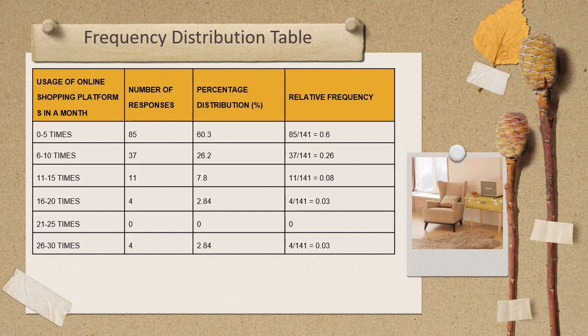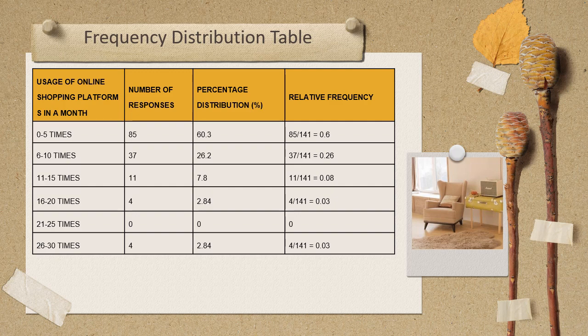So the percentage distribution for the 0 to 5 times is 60.3, which is the highest percentage compared to other options, and followed by 26.2 percentage and 7.8 percentage and 2.84 percentage, and for the 21 to 25 times was 0, and lastly 26 to 30 times is 2.84 percentage.